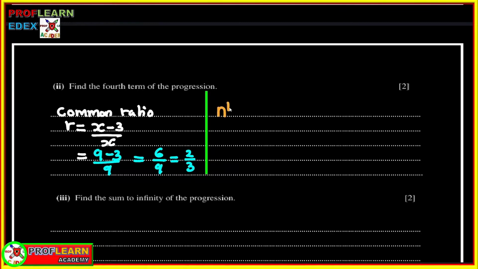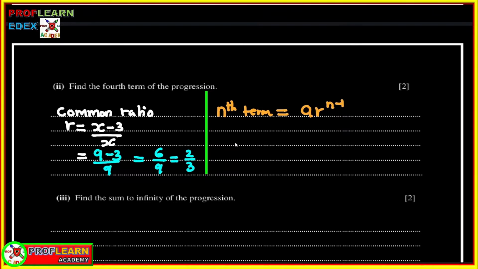So we are supposed to find the fourth term of the progression. The fourth term is going to be a r to the n minus 1. And remember, this is now a geometric progression, so the nth term is given by this formula.